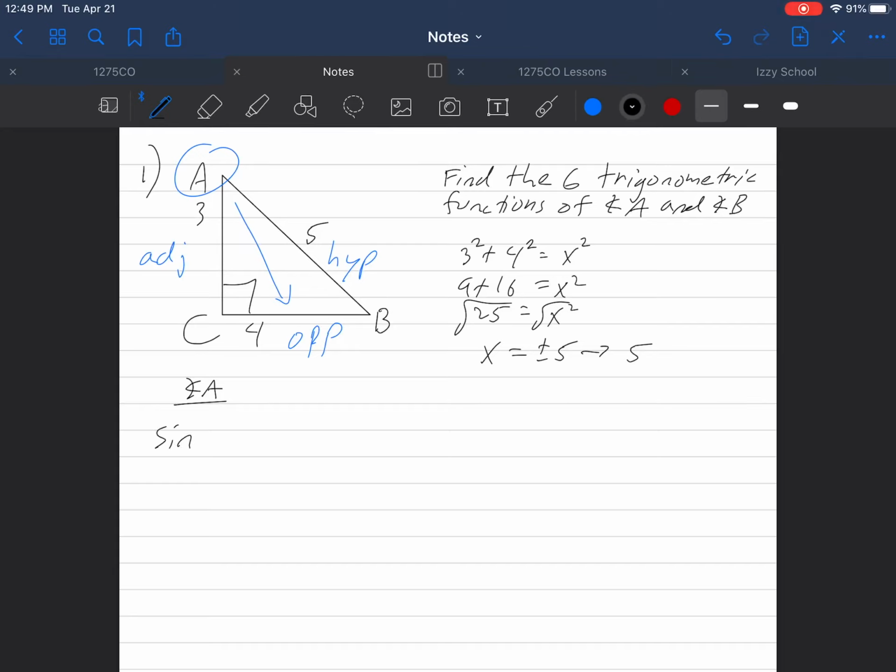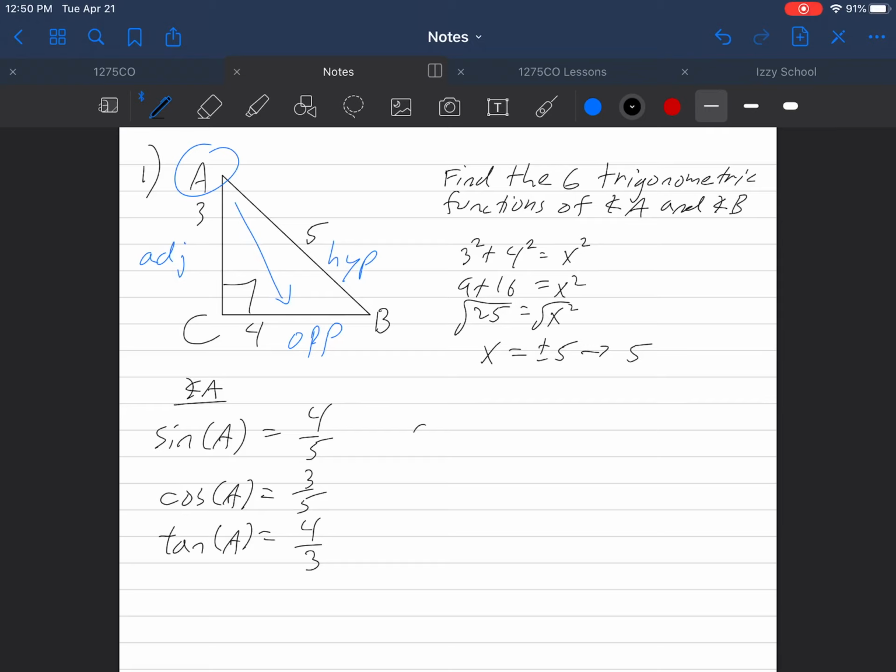So that means the sine of A, which is defined as opposite over hypotenuse, is equal to 4 over 5. The cosine of A, defined as adjacent over hypotenuse, is equal to 3 over 5. And then the tangent of A is going to equal opposite over adjacent, so 4 over 3.